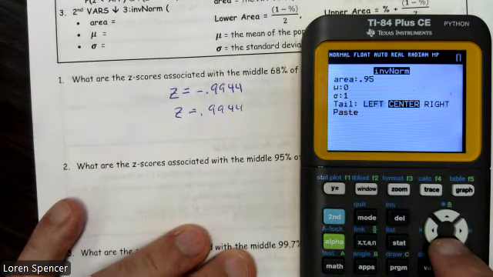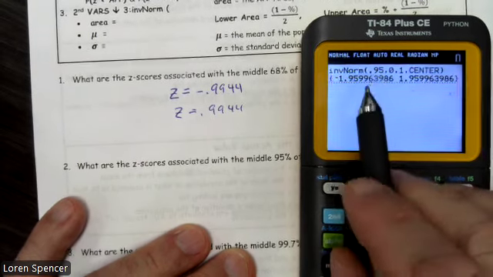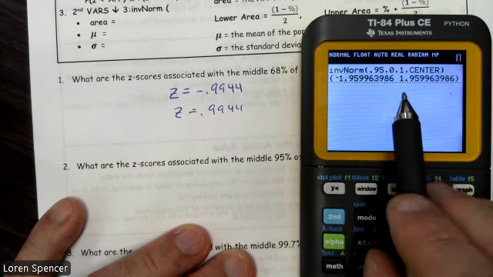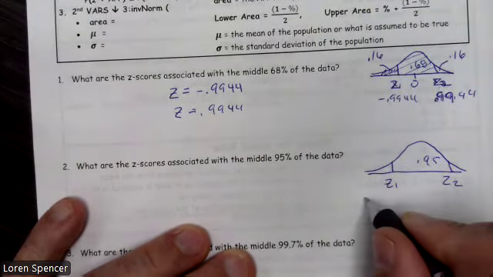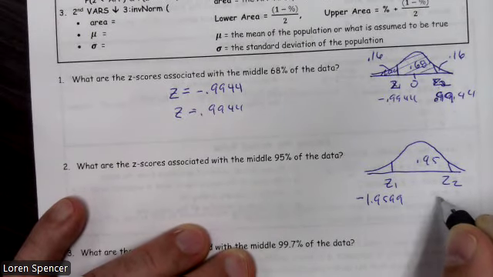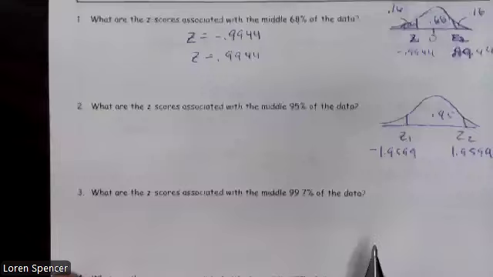All z-scores have a mean of 0, standard deviation 1. We want it centered. And we end up with negative 1.9599 and positive 1.9599. Those are my z-scores, and that's centered up.